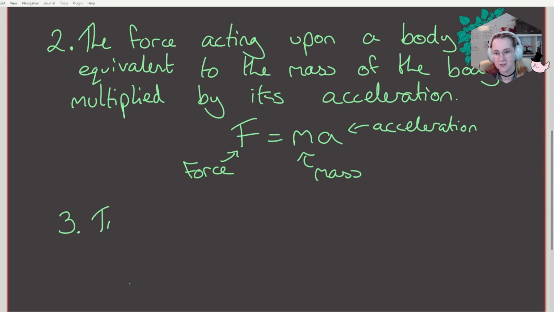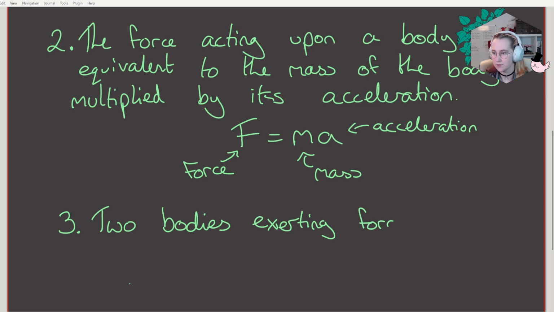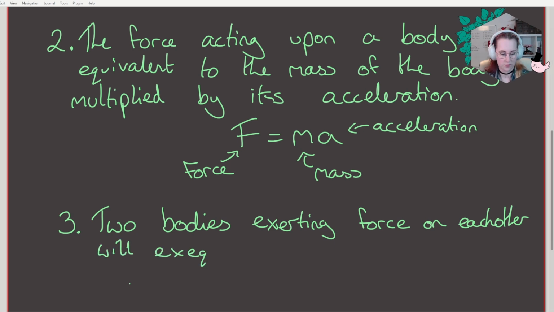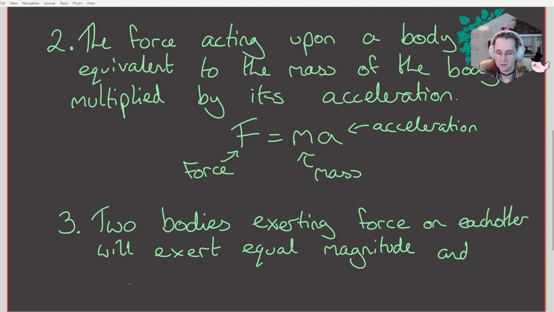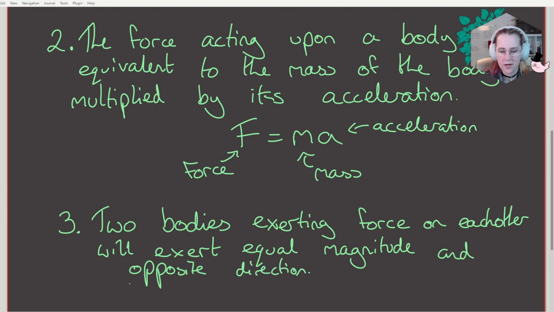So the third one is two bodies exerting force on each other will exert equal magnitude and opposite direction. Which is an awful way to say that, in my opinion, so I don't know why I wrote it that way. Let's see how other ways we can phrase this.